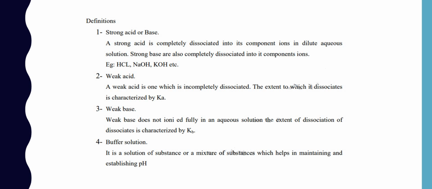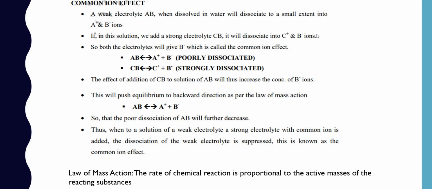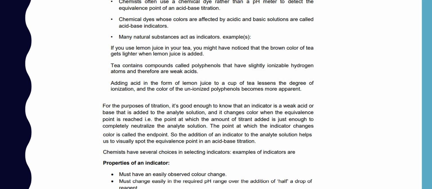Next, definitions of strong acid and base, weak acid and weak base, and buffer solution. Also, their examples are given here. Next, we studied the common ion effect. Common ion effect is one of the important points when we study acid-base titrations, and the basic law behind it is the law of mass action.